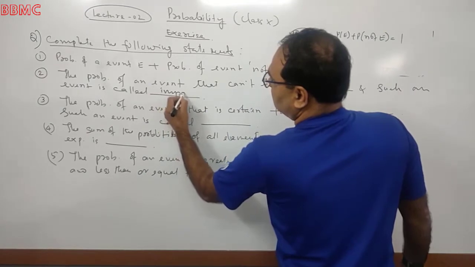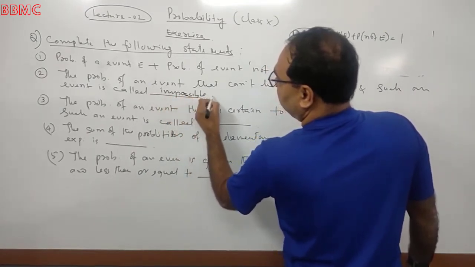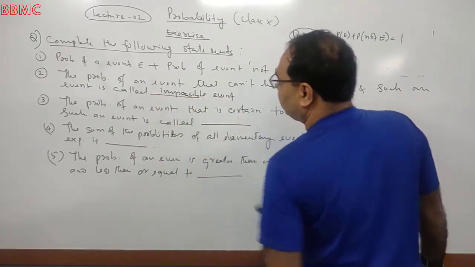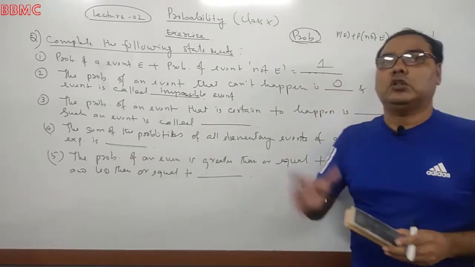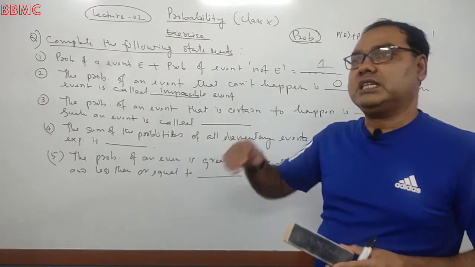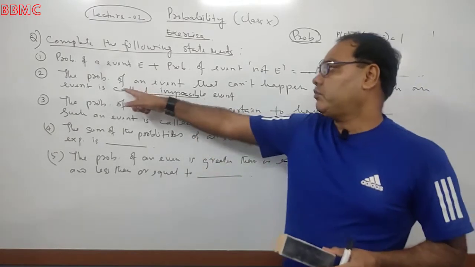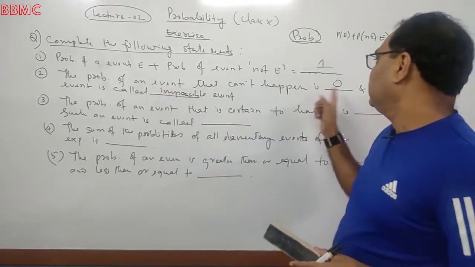An impossible event. And what is the probability of an impossible event? 0. The probability of an event that cannot happen is 0.